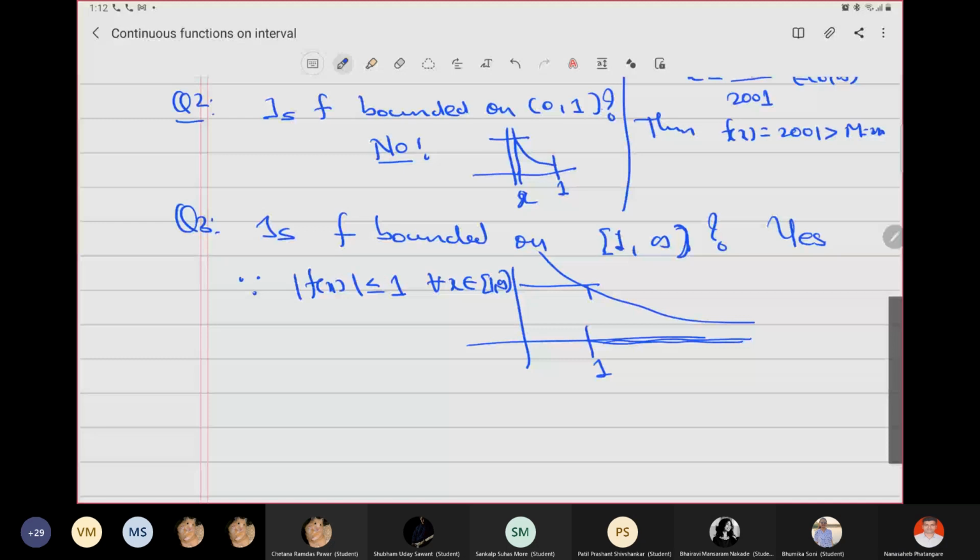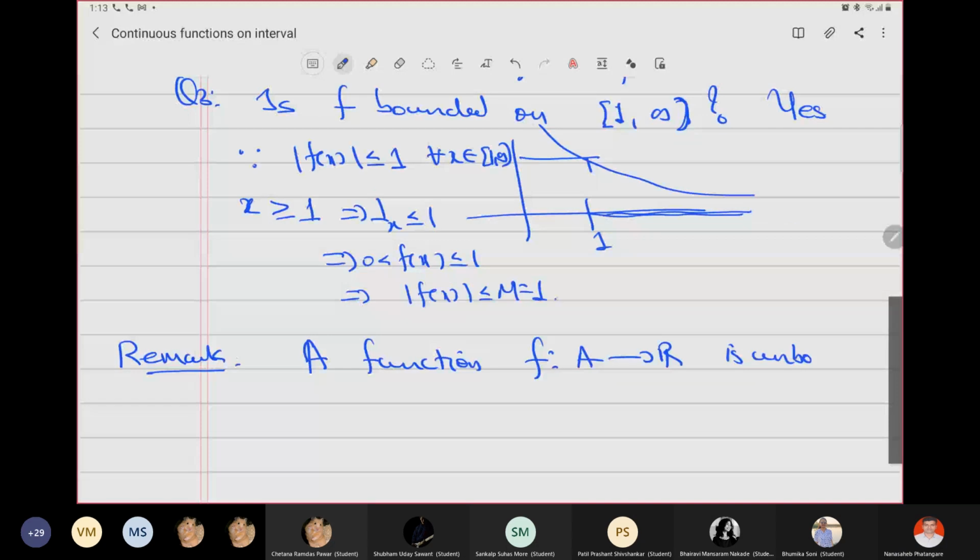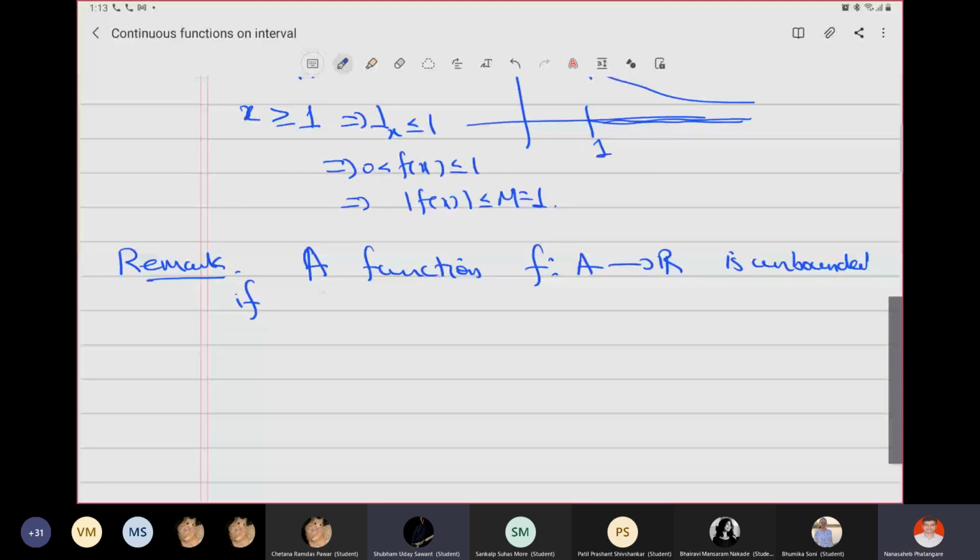Now, a function f on A to R is unbounded if, when we say that a function is unbounded, what is the negation of boundedness?